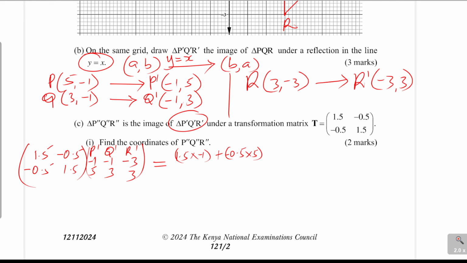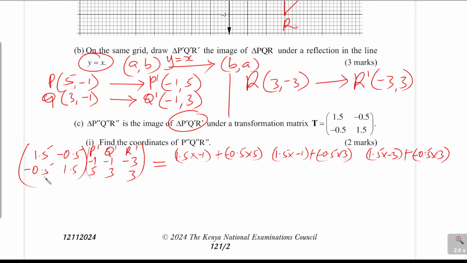That will give 1.5 times negative 1 plus negative 0.5 times 3. Now we go into the first row, the third column. So that will be 1.5 times negative 3 plus negative 0.5 times 3. We are through with the first row.